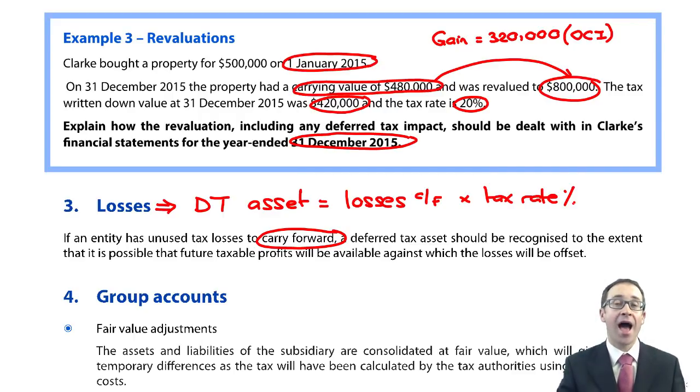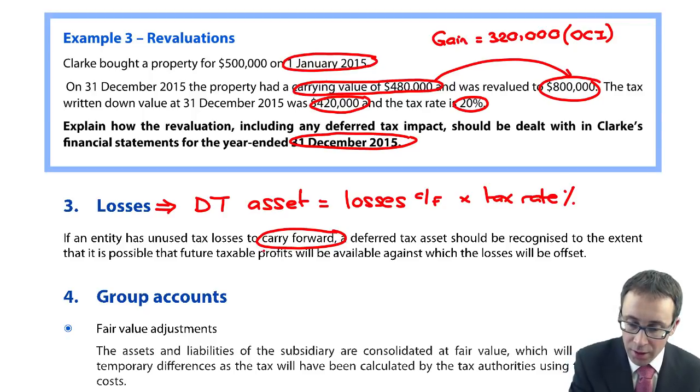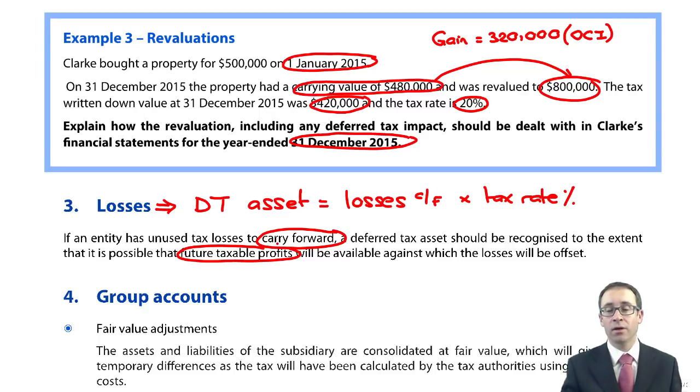However, do just be careful. You need to be prudent, don't we? It's not prudent to recognize an asset unless you are virtually certain that it will be utilized. So you need to make sure that there are future taxable profits available that you can offset those losses against.